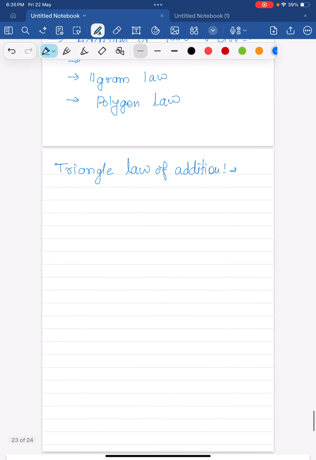Suppose there are two vectors, vector A and vector B. The magnitude of vector A is A and the magnitude of vector B is B, and the direction of vector A is along the horizontal and the direction of vector B is at an angle theta with the horizontal.